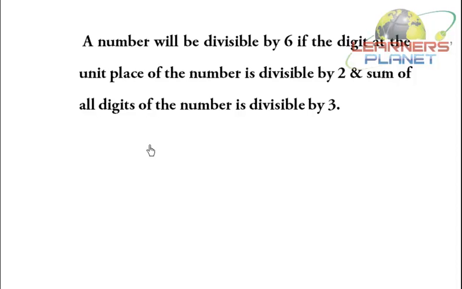So just for a quick recap, I will take one or two examples. Suppose I have a number 432. It's an even number, so it will be divisible by 2. Now let's check whether this number is divisible by 3 or not. 3 is divisible by 3.